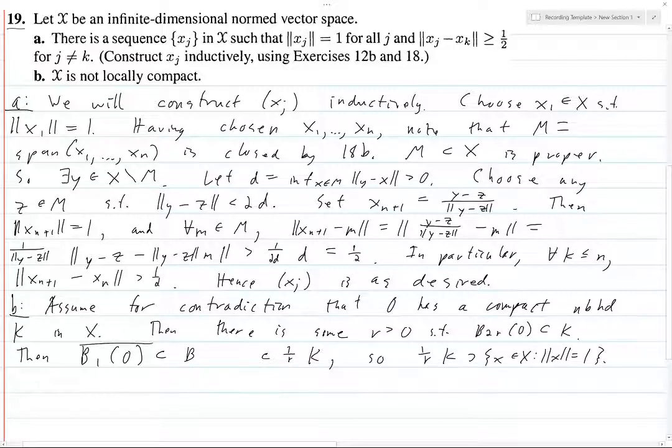The closure of B1(0) is certainly contained in B2(0), which is contained in 1 over r times K. In any case, 1 over rK contains the boundary of B1(0), which is the set of all x such that the norm of x is 1.